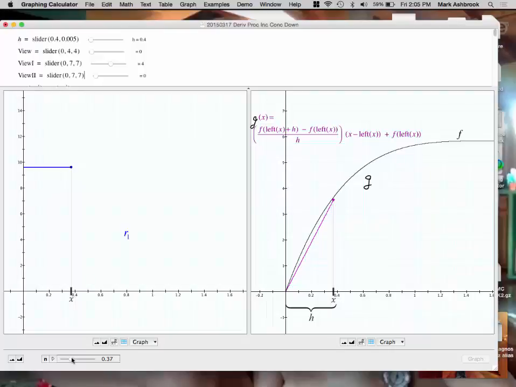What do you think? Change in y is about what? Just real ballpark. 4. Almost 4. Change in x? 0.4. So, what do we think? About 4.